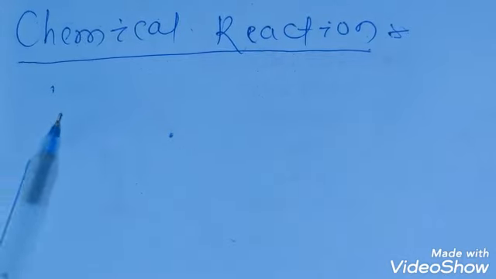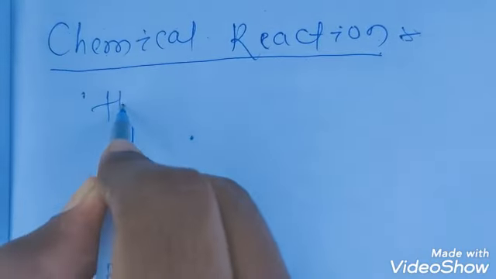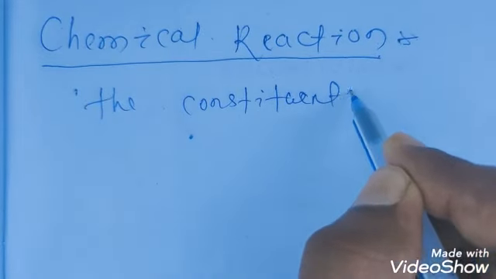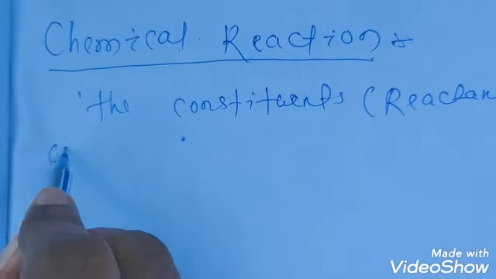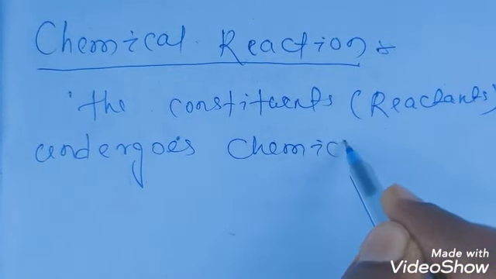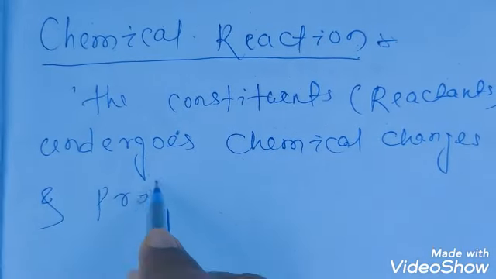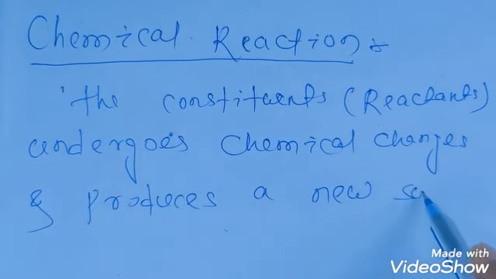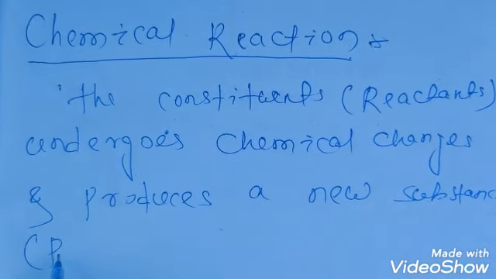So let's know what a chemical reaction is. A chemical reaction is defined as the reaction in which the constituents, also called reactants, undergo chemical changes and produce a new substance, which is called the product.